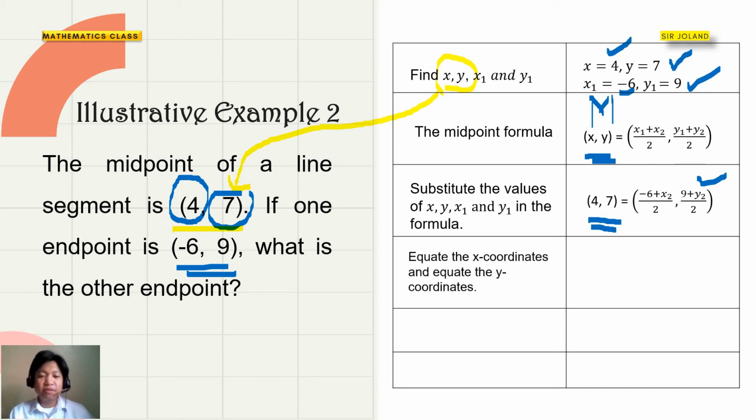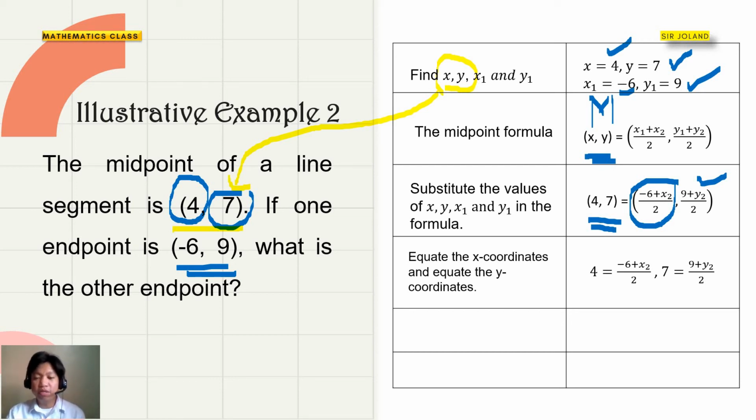Okay? Next, so we're going to equate the x and y coordinates. Paano ba yun? Ganito lang siya. Dahil yung midpoint natin ay, ang coordinates niya ay galing sa average ng ating x and y coordinates, therefore, itong coordinates na yan, ang laman yan ay yung x sub 1 and x sub 2.